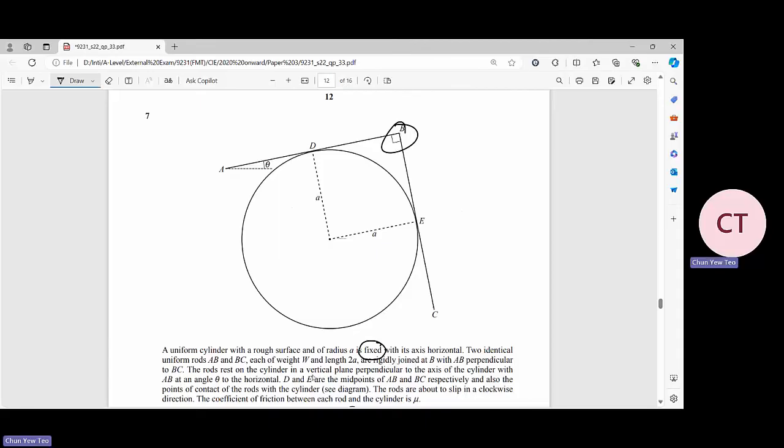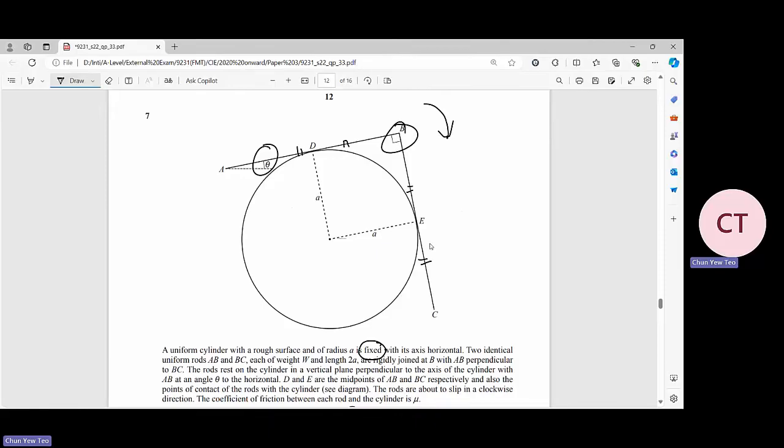The rod rests on the cylinder in the vertical plane perpendicular to the axis of the cylinder with AB at an angle theta to the horizontal. D and E are the midpoints of AB and BC. Also, at the points of contact of the rods with the cylinder, as seen in the diagram, the rods are about to slip in a clockwise direction.